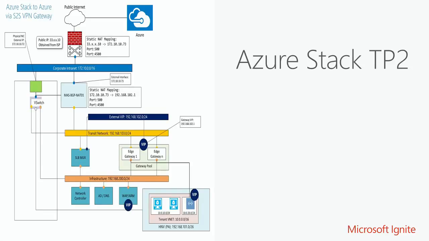The rest of it is the Azure Stack admin's infrastructure, and they are behind some kind of a NAT device in this TP2 deployment, and then the NAT device connects it to the rest of the infrastructure towards the internet. And then obviously you will have a router and then a firewall goes to the internet, and if you want to set up a site-to-site connection, it will be this VIP address to the Azure VPN gateway.